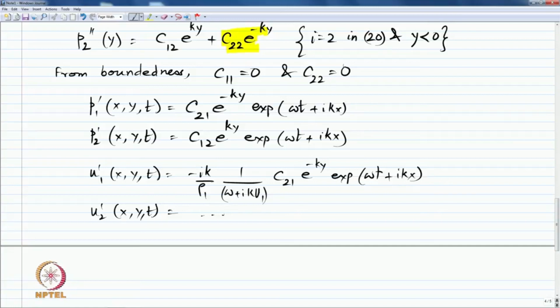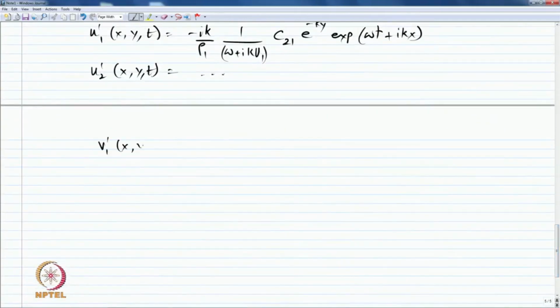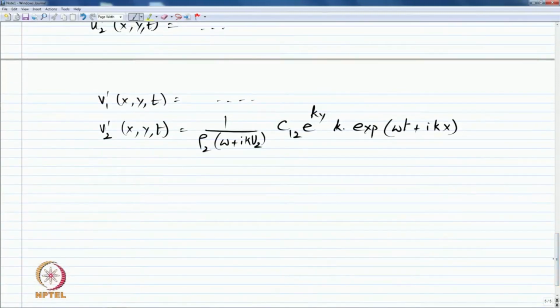So, now that we have u1 and v1, let us also write down v1 double prime, and v2 prime would be analogous.